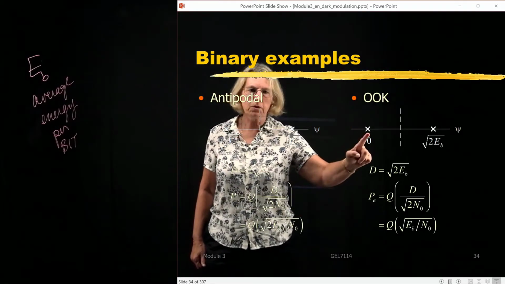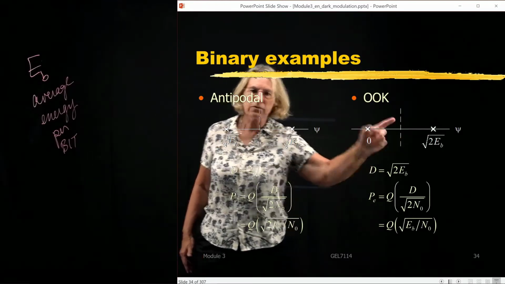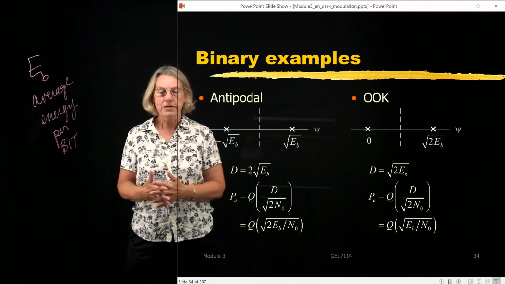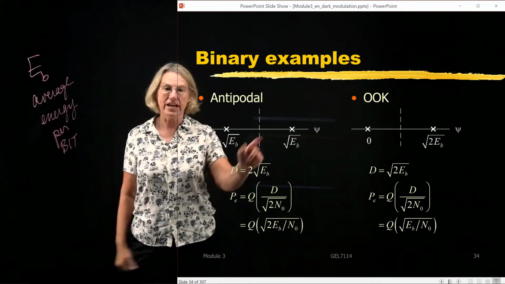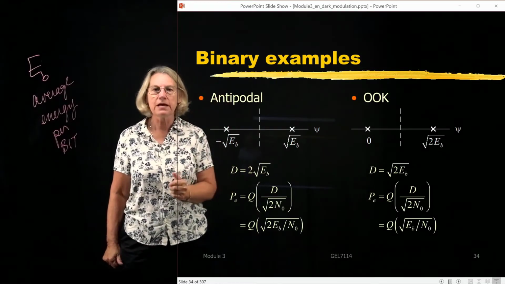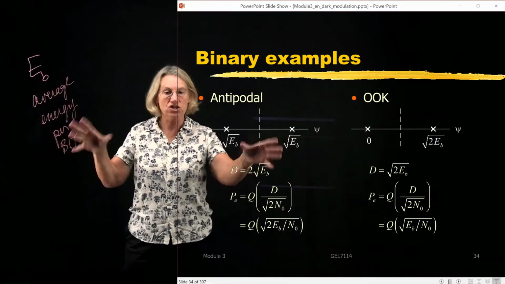Of course, the symbol at the origin has 0 energy, but this length is associated with the energy of that one. But now if I took the average energy, I take the energy of this one plus the energy of this one, divide by 2 because there's 2 of them, the average energy per bit would be this symbol EB. That's why I chose EB.